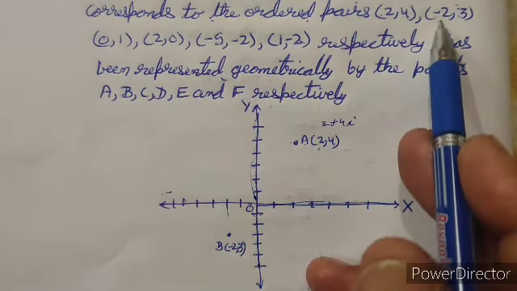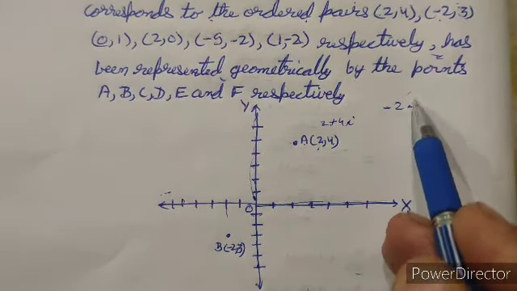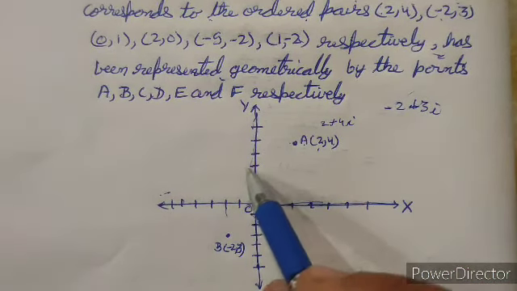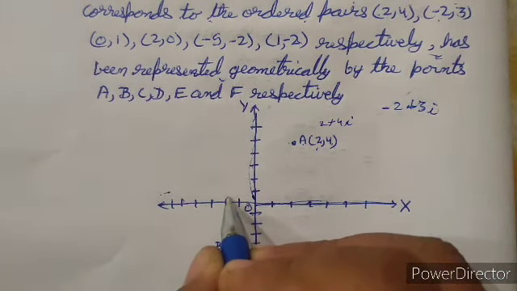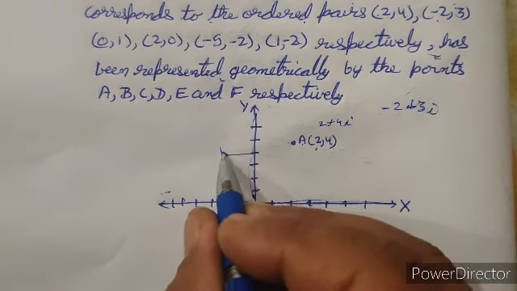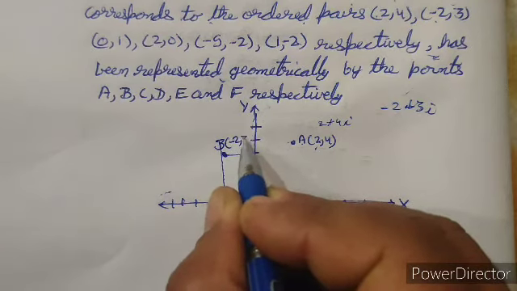Now B was minus 2 plus 3i, so it will be represented in the plane as (minus 2, 3). So minus 2 and 3 will be the point somewhere here, and this is point B, (minus 2, 3).